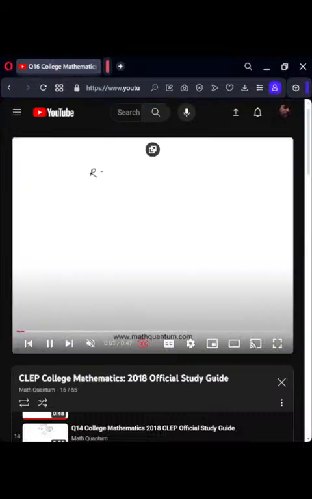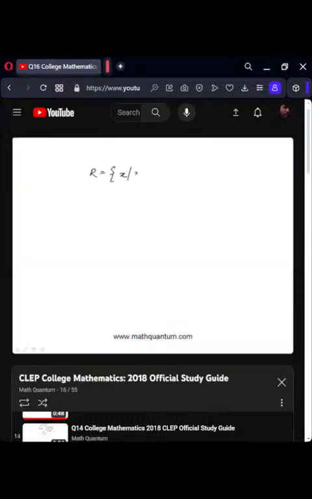We're given that R is the set of numbers x such that x is greater than 0, so R would be all these numbers here, excluding the origin. S is the set of numbers x such that x is less than 3, so this is 3, and we're looking at these numbers here, excluding 3.